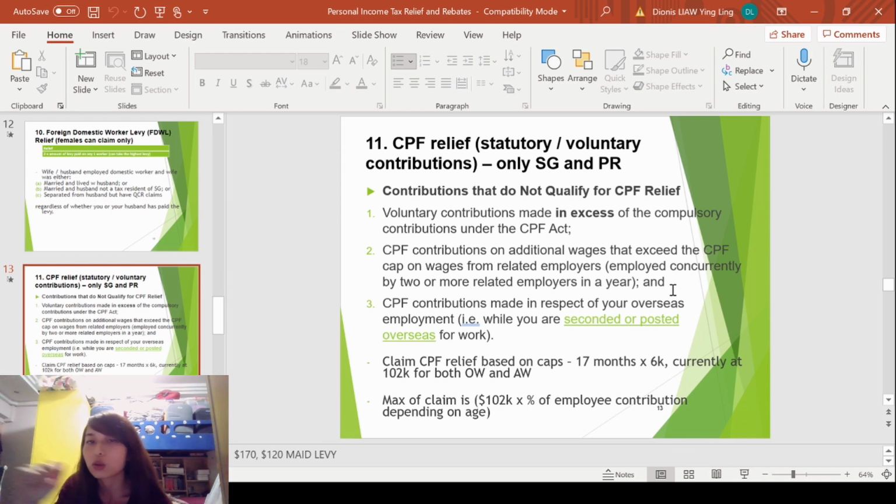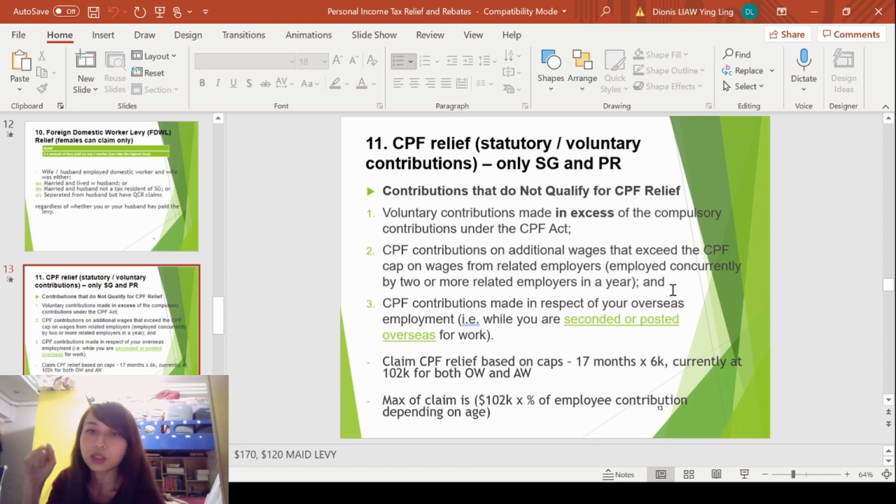So what is OW and AW? OW is ordinary wages, which is like your monthly salary and stuff. AW is like bonuses. So the cap is always 17 months of the OW cap per month lah.